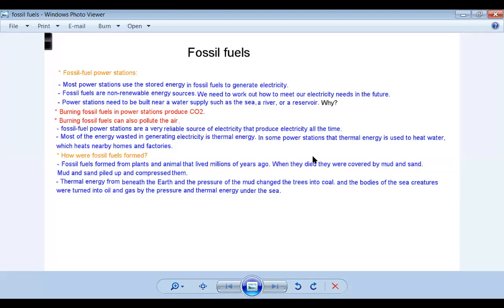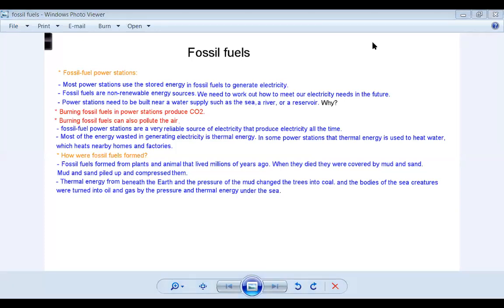Burning fossil fuels in power stations produces CO2. Burning fossil fuels can also pollute the air. Can you tell me why? We have CO2, okay? Can we consider CO2 as a pollutant?